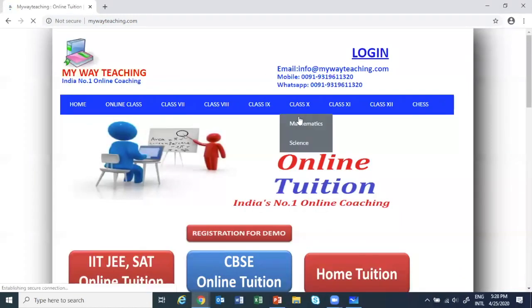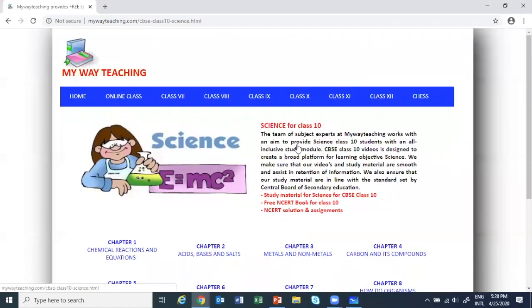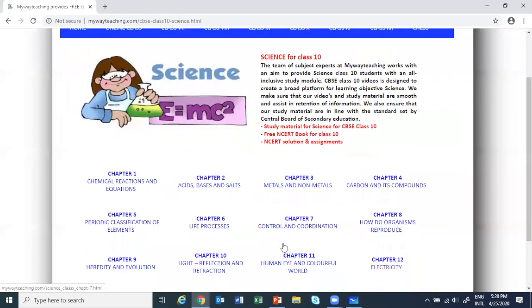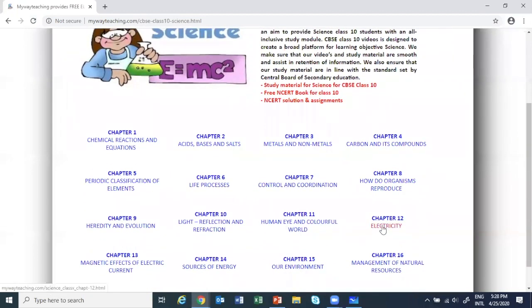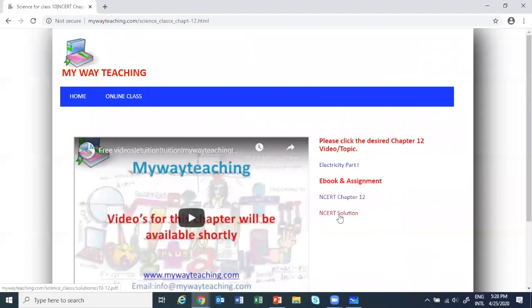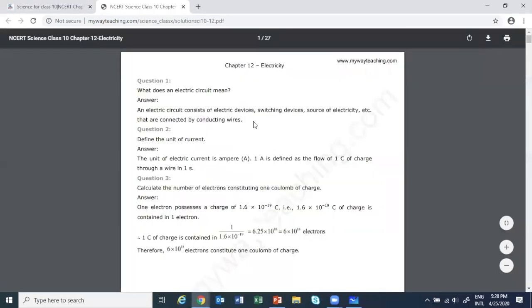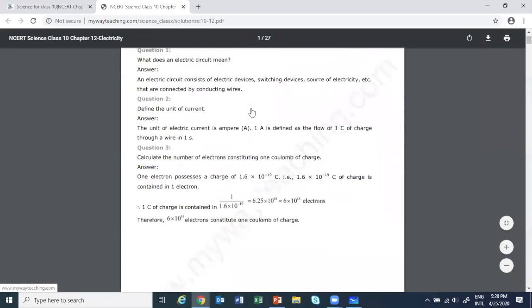The solutions are available on the website mywayteaching.com. Go to science, and the chapter name is electricity. NCERT solutions are available here. You can go through each.